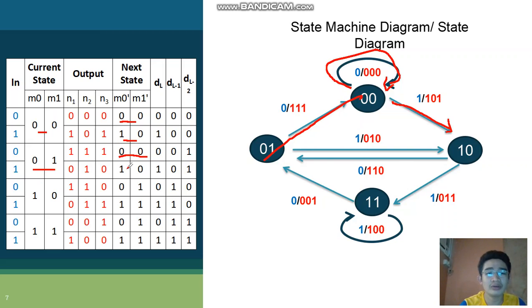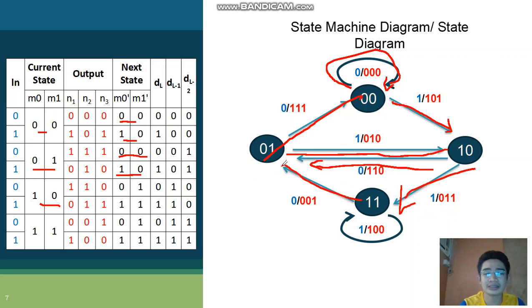And 0 1 will go to 1 0. And 1 0 will go to 1 1. 1 1 will go to 0 1.